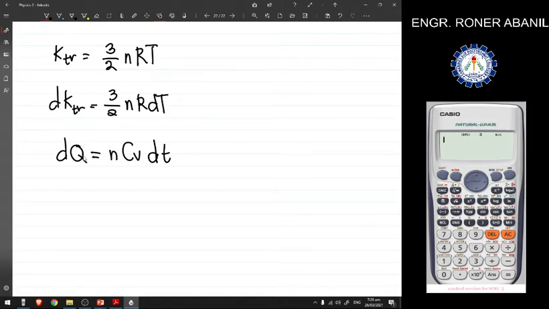So, now, if K_tr represents the total molecular energy, as we assume, then dQ and dK_tr must be equal.